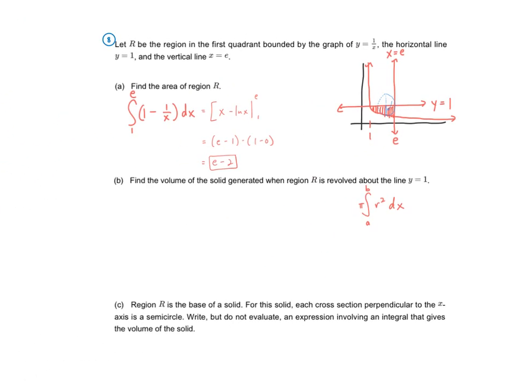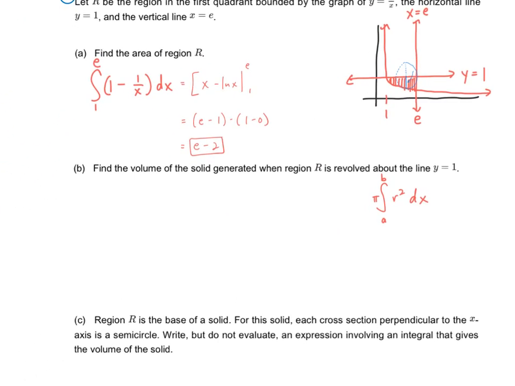So now we'll do the integral from 1 to e, same thing, and then pi here. The radius now is 1 minus 1 over x squared. And so we'll have to integrate that.